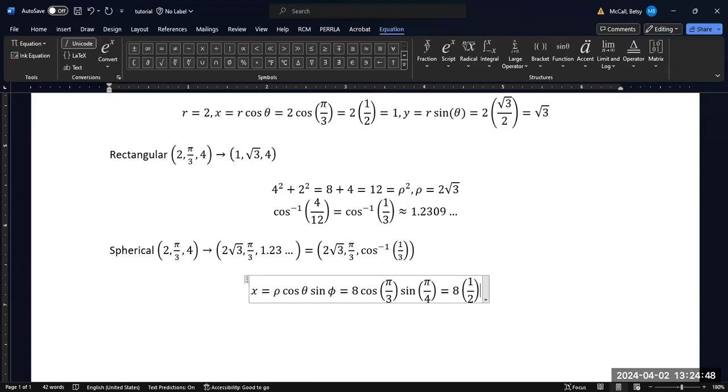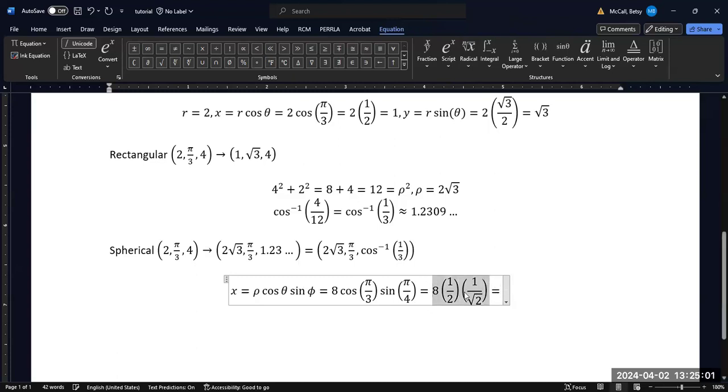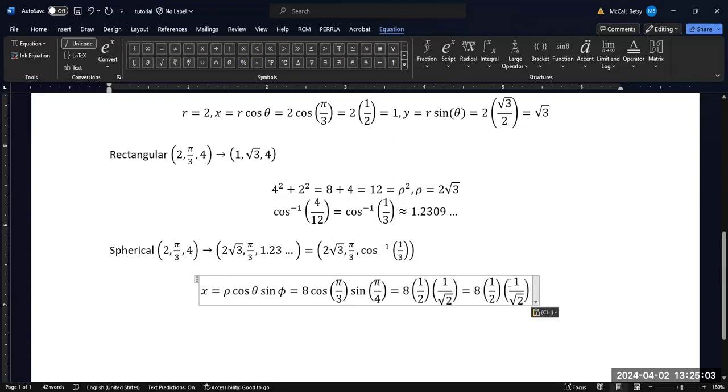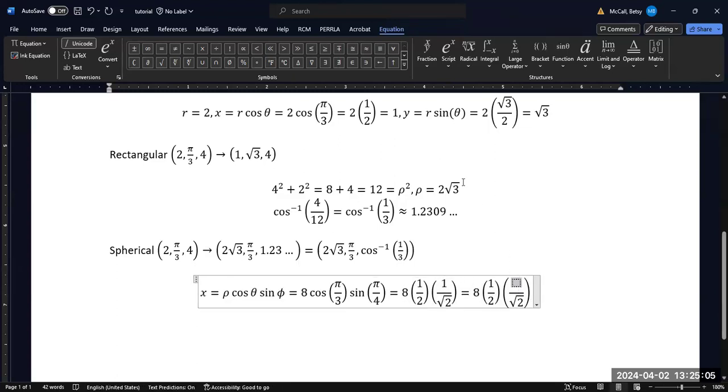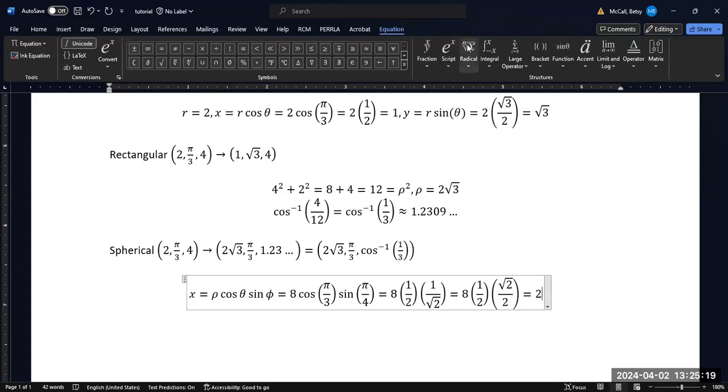And sine of pi over 4 is 1 over the square root of 2, or the square root of 2 over 2 if you prefer, rationalized. And in this case, the denominators are going to cancel out a little bit with the 8, and we're going to end up with 2 square root of 2.